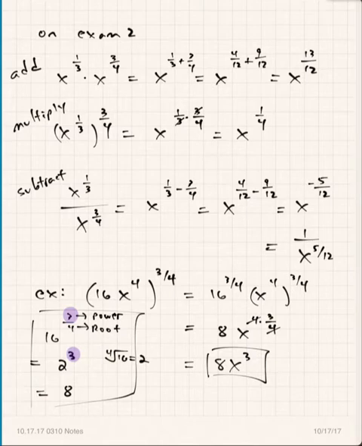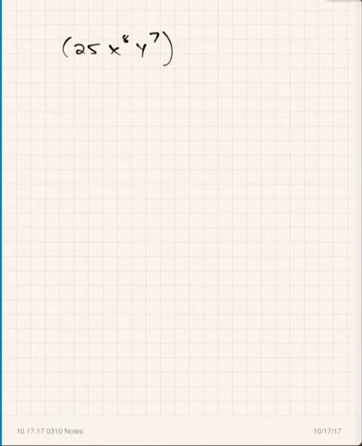So okay, let's say we have 25 x to the 8th, y to the 7th, and this is all to the 5/2 power.